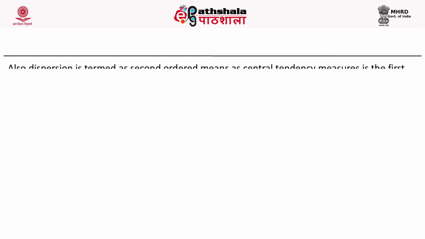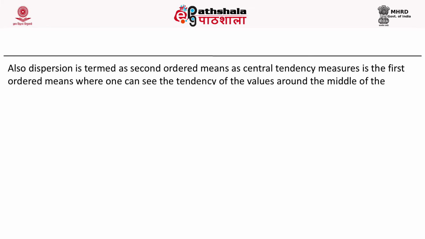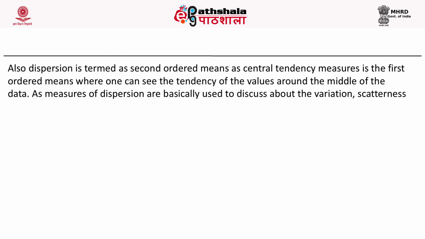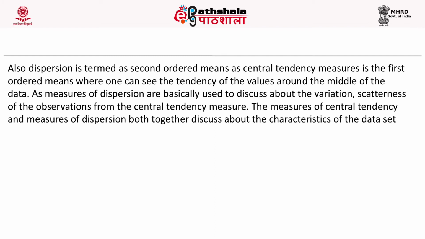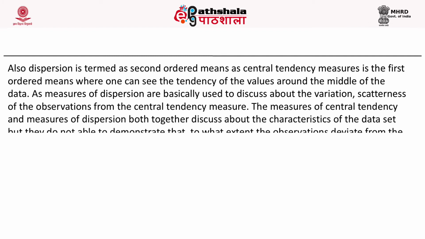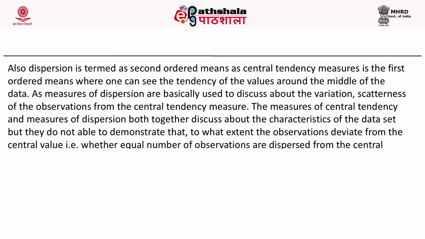Also, dispersion is termed the second order mean, as the central tendency measure is the first order mean where one can see the tendency of the values around the middle of the data, while measures of dispersion are basically used to discuss the variation or scatteredness of the observations from the central tendency measure.